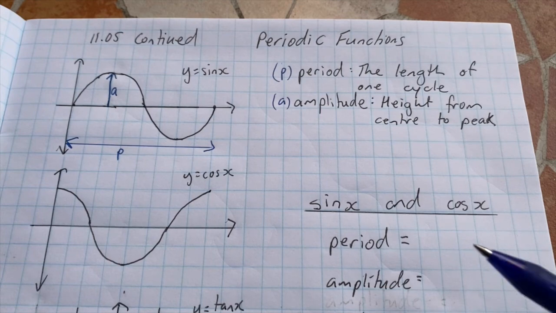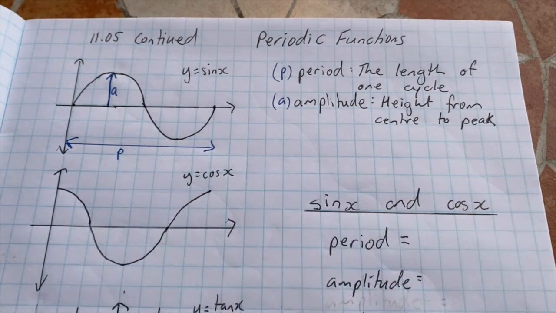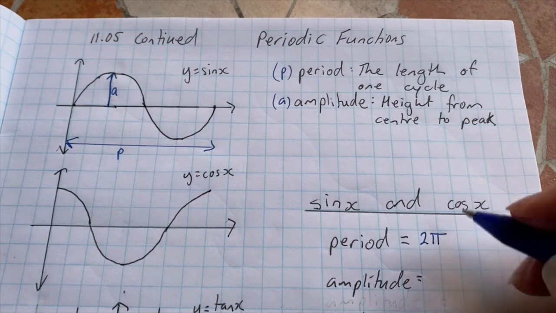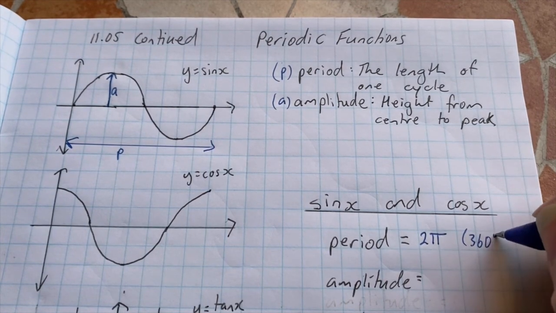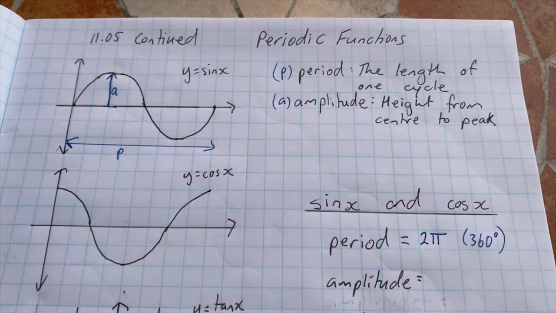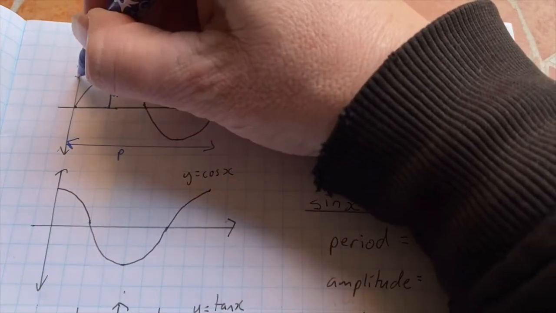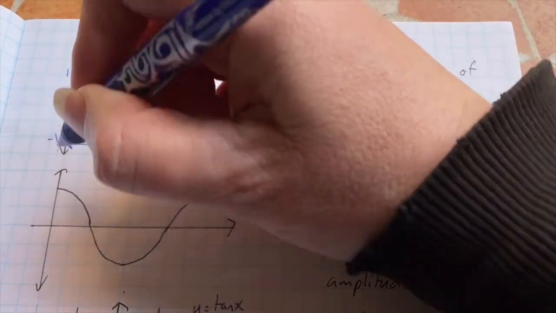So for sine x and cos x, for both of those, the length of the period is 2 pi radians. You can say 360 degrees also, but one period is 360 or 2 pi, and then it repeats again. The amplitude of each of those is 1, because remember, this is 1 and this is minus 1.